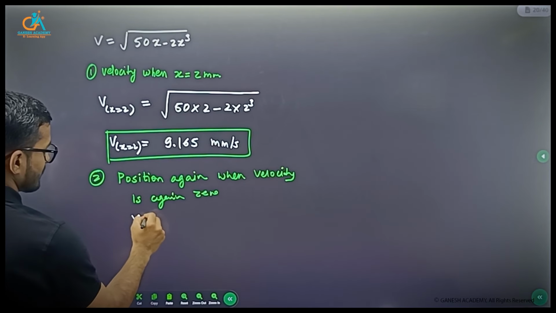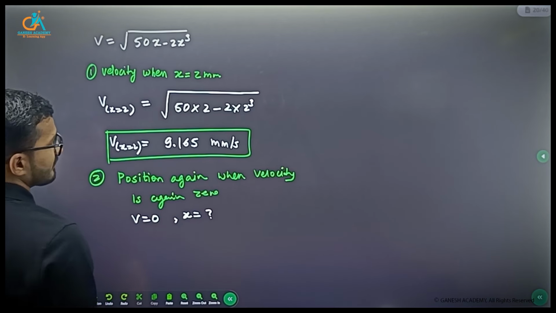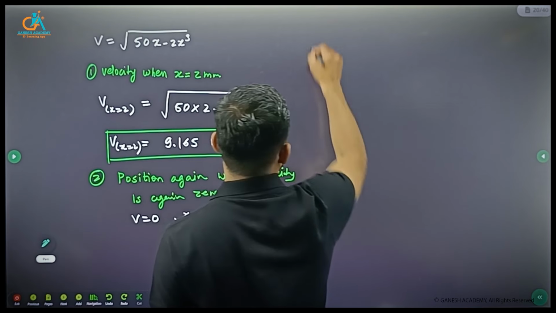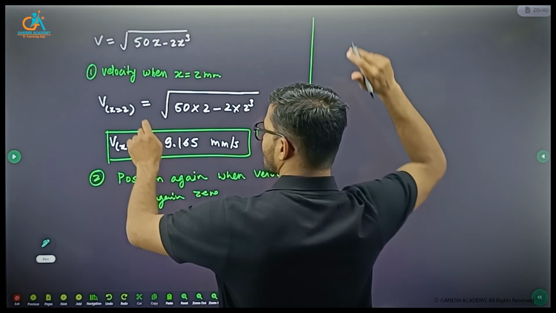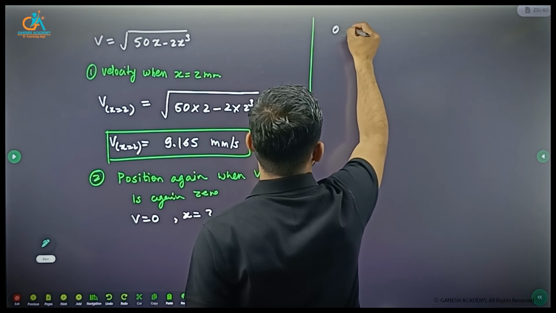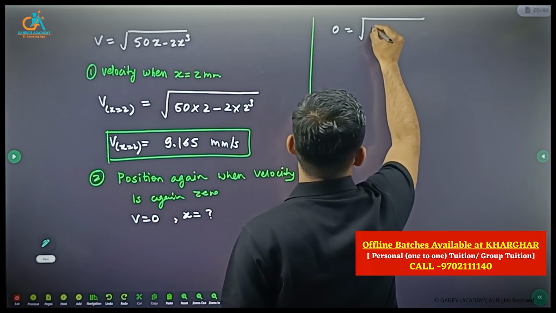That means where the velocity is 0, what is the corresponding value of x? So substitute velocity equal to 0 and calculate the value of x.